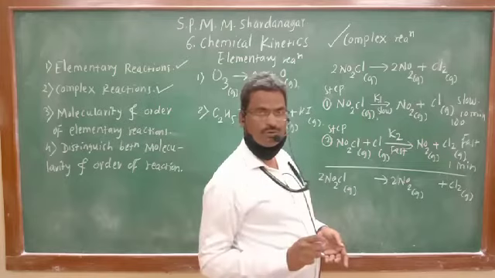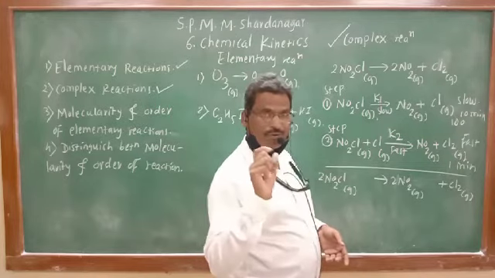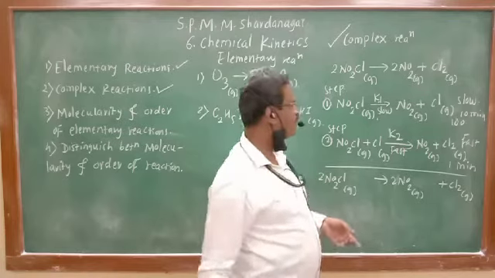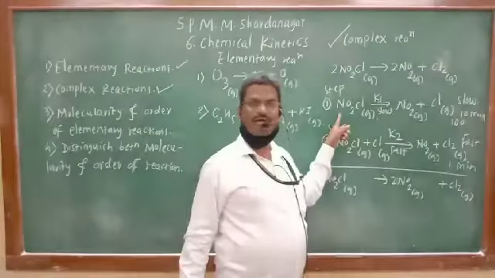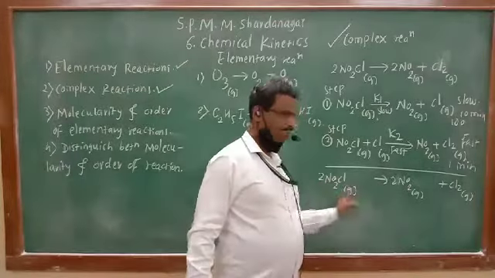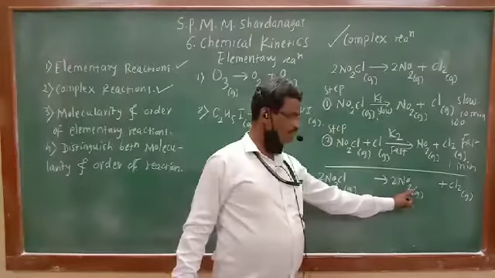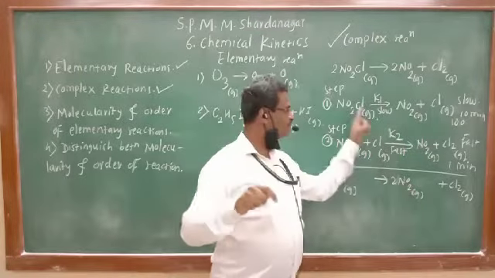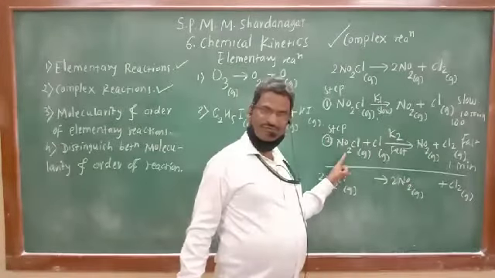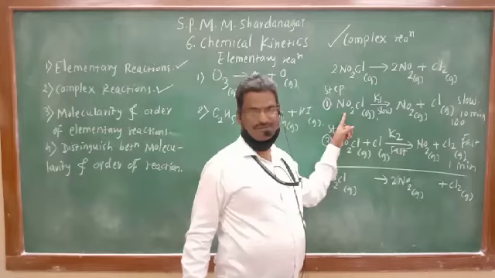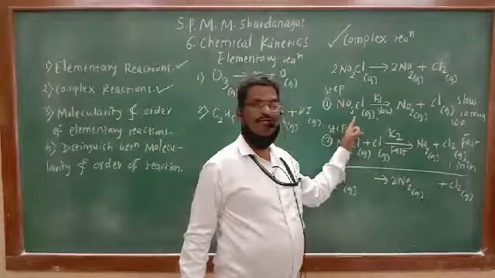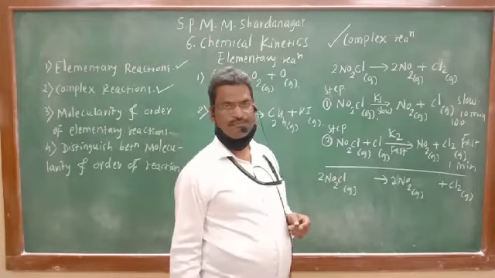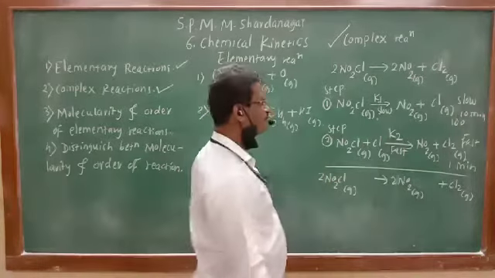Therefore, the total time required for this reaction depends on which step? First step or second step? First step, because the first step is the slow step that requires more time.